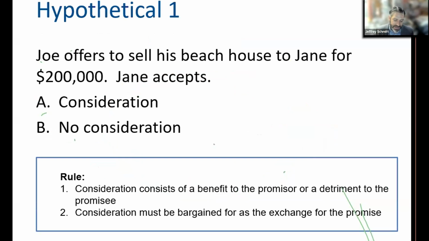And of course, in the class, we cover a number of cases. We cover a few different cases that go through those two basic elements of consideration. Actually, just one more, but it's a longer case. And then we cover a number of cases on what I call sub-rules that go along with consideration. And these would look at specific issues within consideration, like an illusory promise or past consideration.